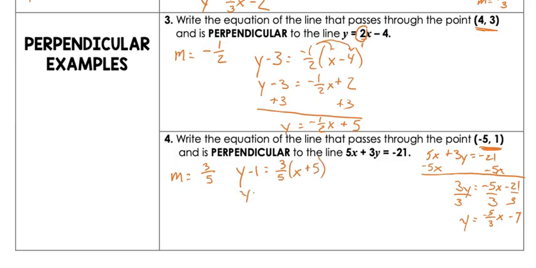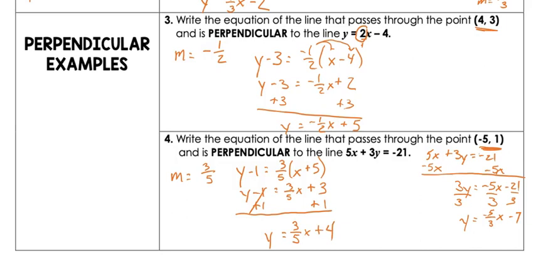We'll start with distribution, which is 3/5 x. Now 3/5 times 5, that is 3, so plus 3. We undo the constant by adding the 1 to both sides, which puts us back in y equals mx plus b. Y equals 3/5 x plus 4.